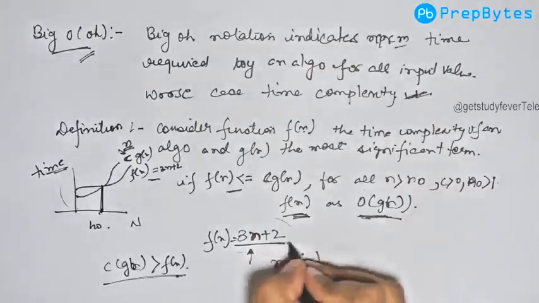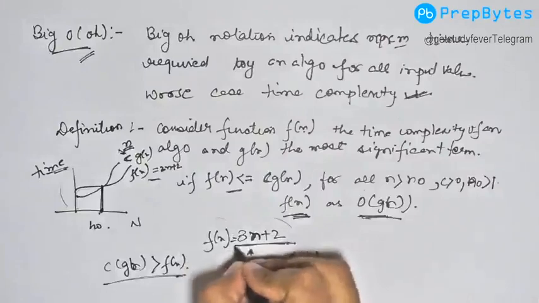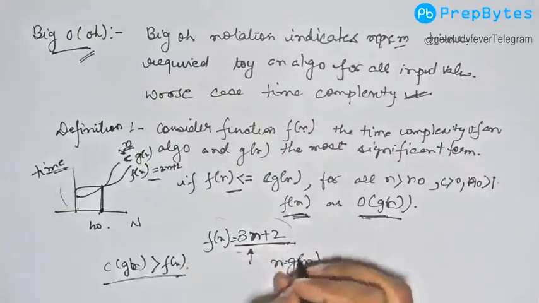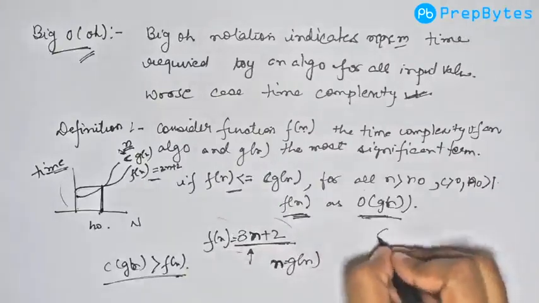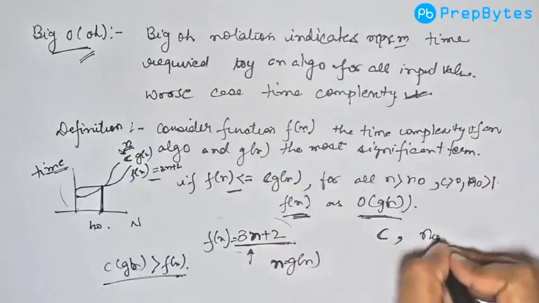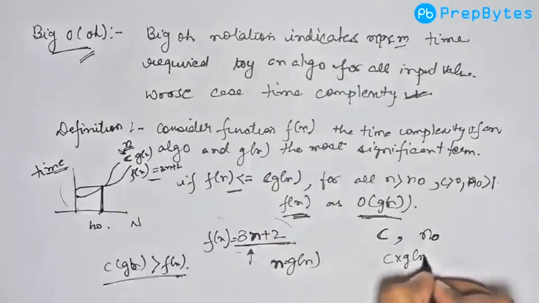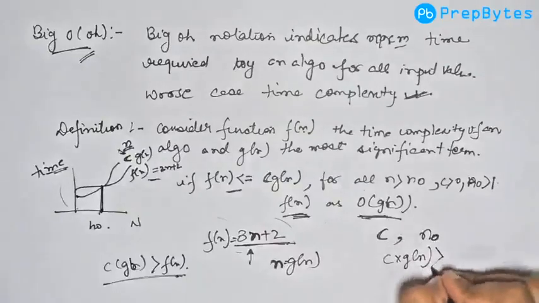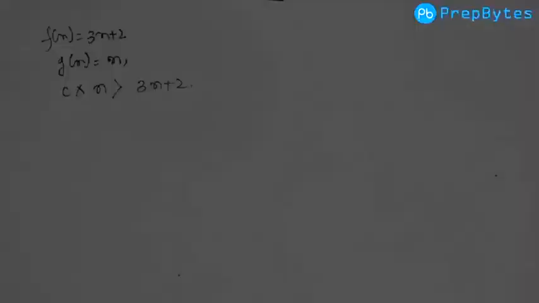Let's say we have 3n plus 2 in this case. Our f(n) is 3n plus 2, and g(n) is just n. So now we need to find a c and an n naught for which c into g(n) will always be greater than f(n).